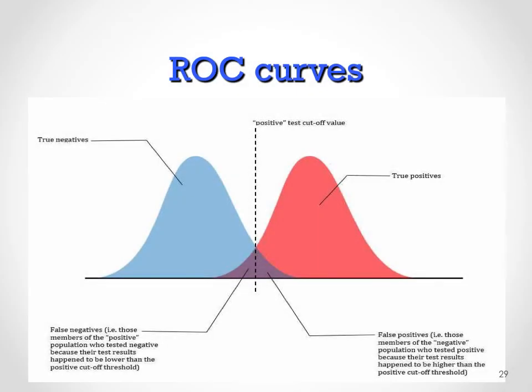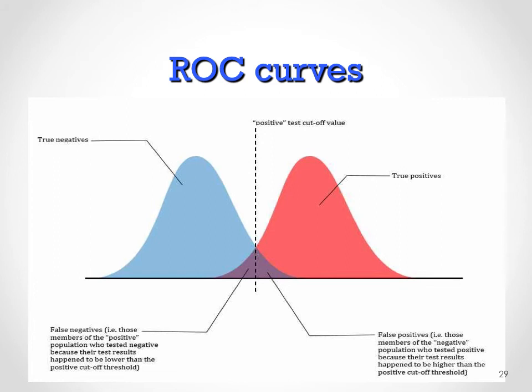ROC curves are important to understand if we're to understand the value of the test in clinical practice. In this diagram, the blue curve represents a standard distribution of values for a particular test in a well population, and the red curve represents the standard distribution for values of a test for individuals who have the disease in question.